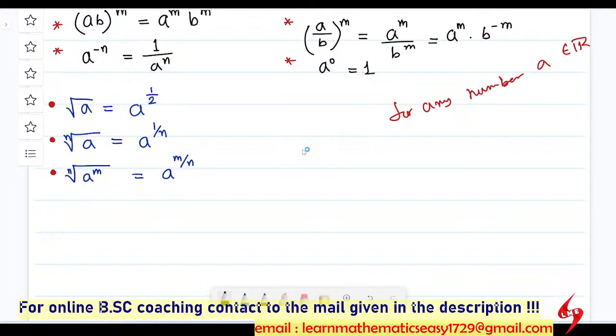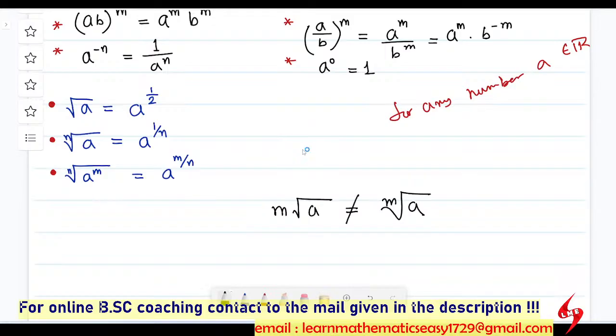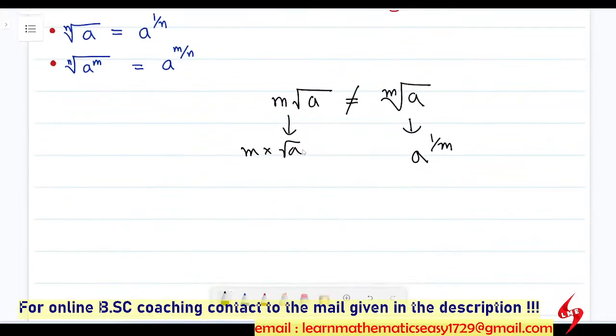And one more thing: when you are writing this, always maintain the position of the numbers, because both are not the same. This is the m-th root of a, that is a to the power 1 by m, and this is m into root over a, so both are not the same.